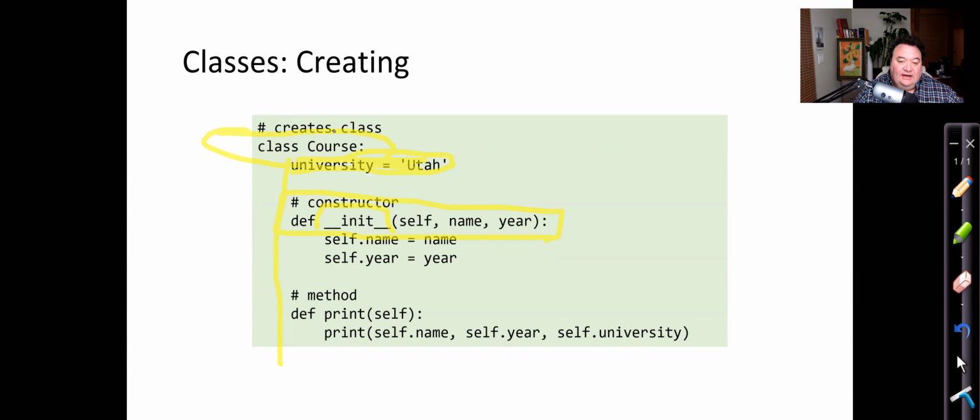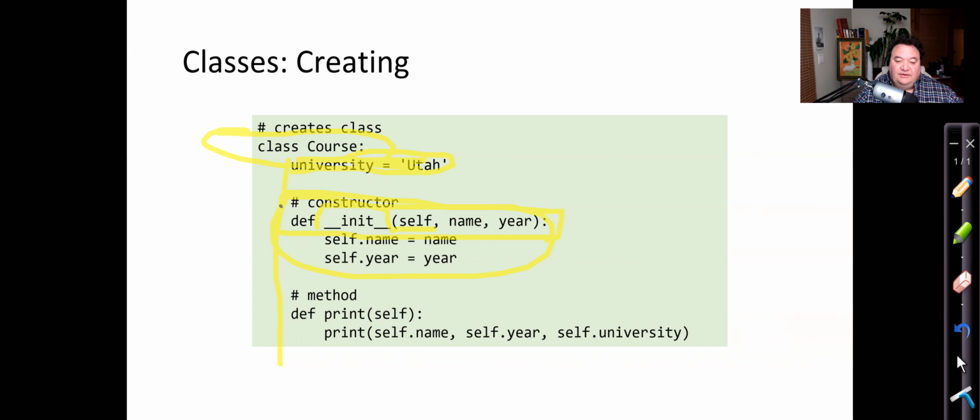So when a class is created, the first thing is that this function is called. The first parameter of all the functions in a class is self, which refers to the current instance of the class. So any local variable can be referred to by self.